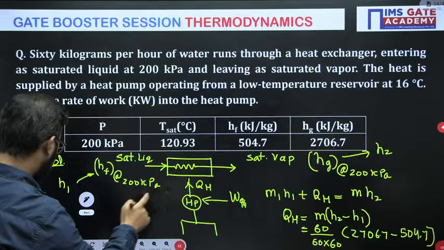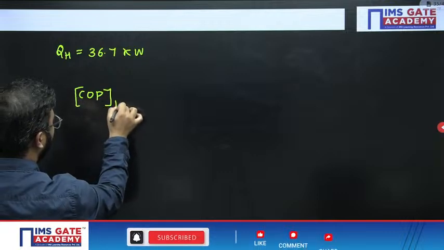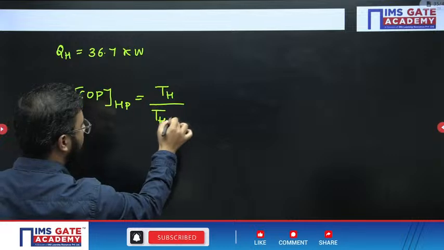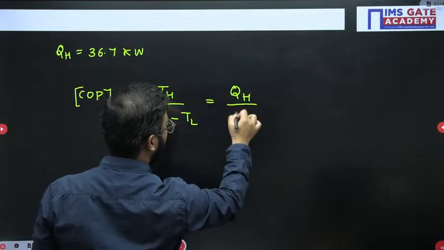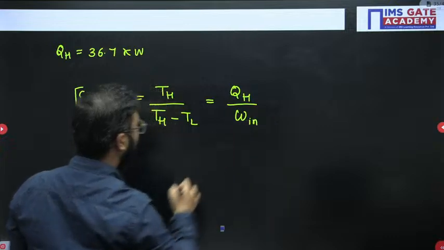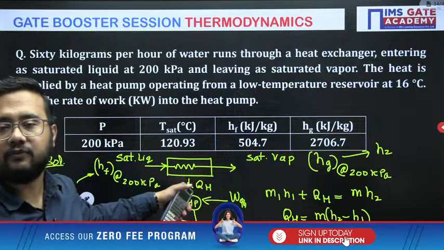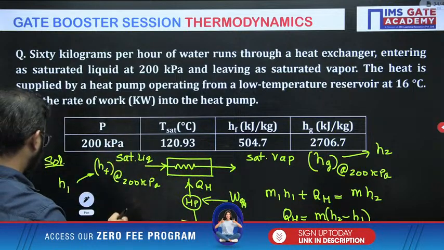Now using the COP formula of the heat pump, TH by TH minus TL equals QH by work input. What is TH? TH will be the temperature at which the heat exchanger is working. What is that one? 120.93 degrees Celsius.